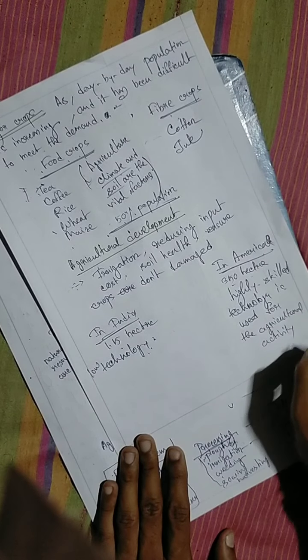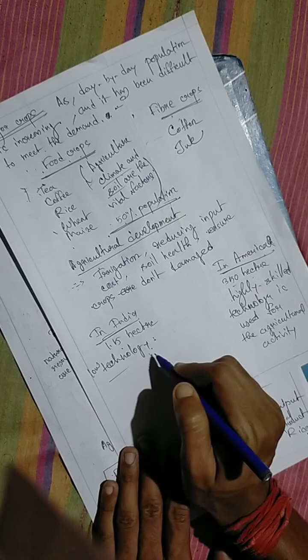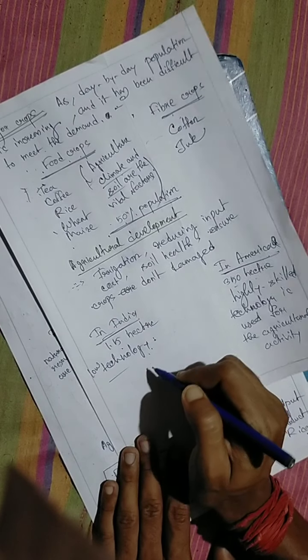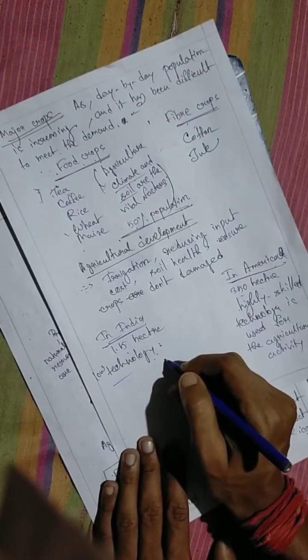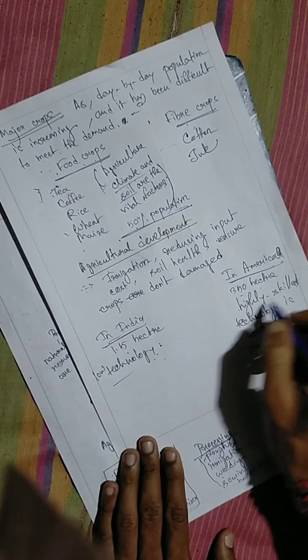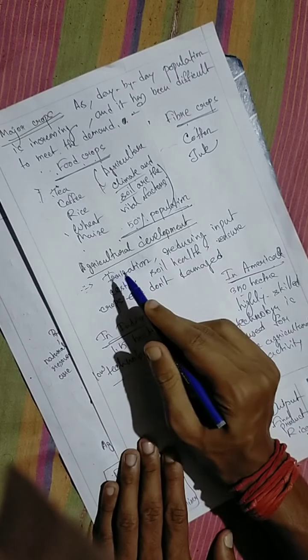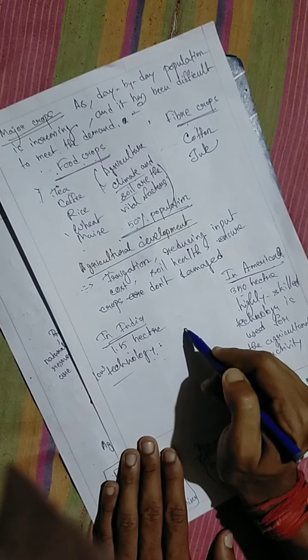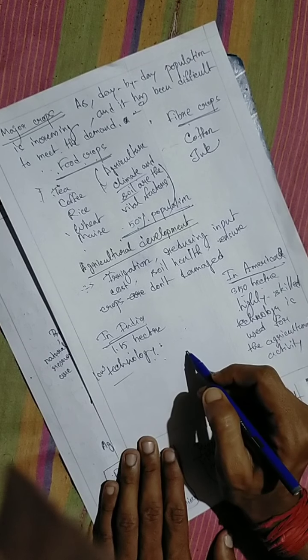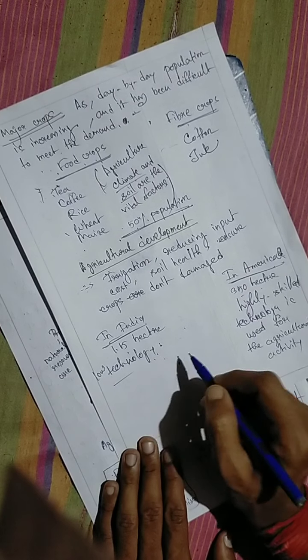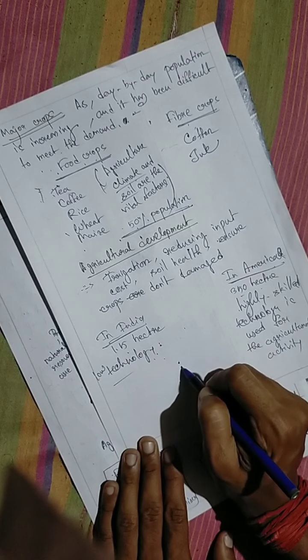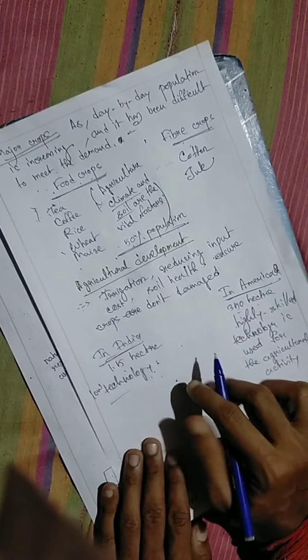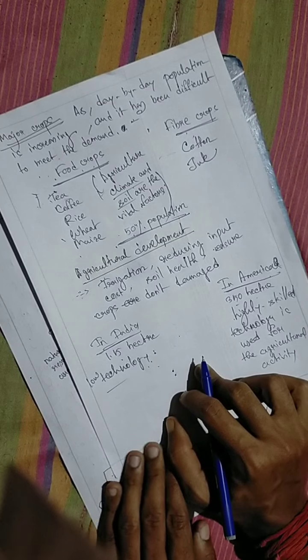So in our country many factors make us lag behind, and if we address these factors, we will be able to have proper agricultural development. So read this text properly, then you will be able to understand what I just taught you. Okay.